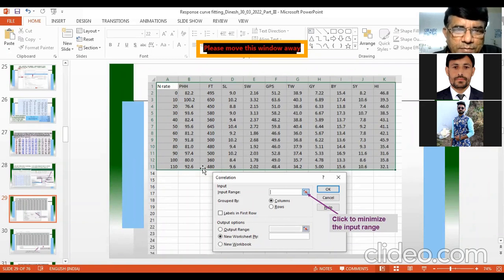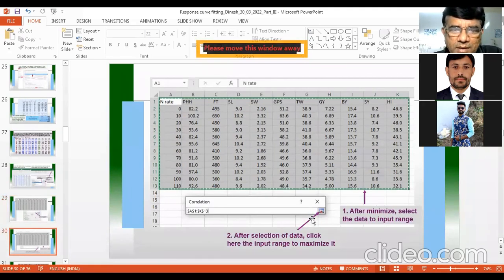Also, if in the first row you have names like N rate, PH, labels, then you tick this one, so that the computer will not read this as numerical data. It will read it as labels, the names.